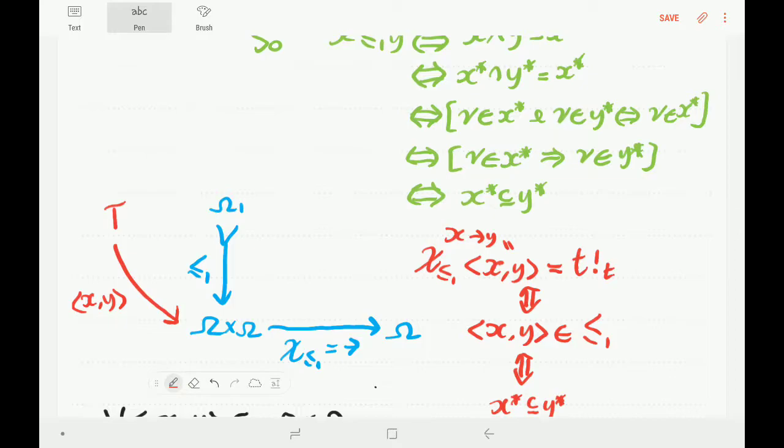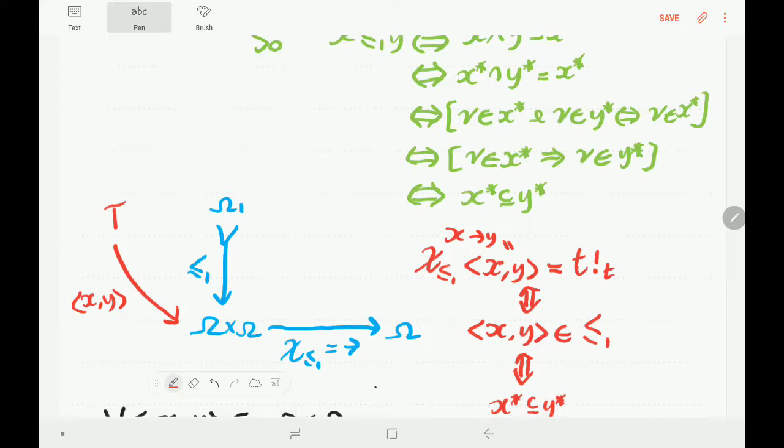Now, the next thing is that obviously the less than or equal to thing, since it's an equalizer, is a monic, and we can consider the classifying arrow of that monic.